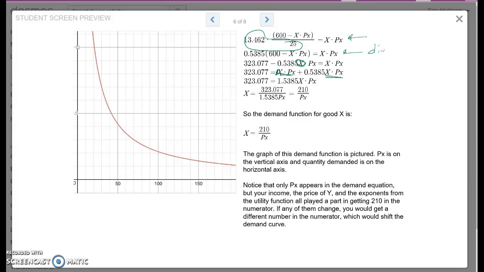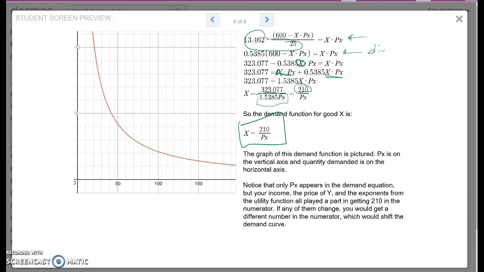To get x by itself, I need to divide both sides by 1.5385 px. So that's what I did. To simplify, finally, you just divide 323.077 by 1.5385. That's where this 210 came from, over px. So the demand function is x equals 210 over px.